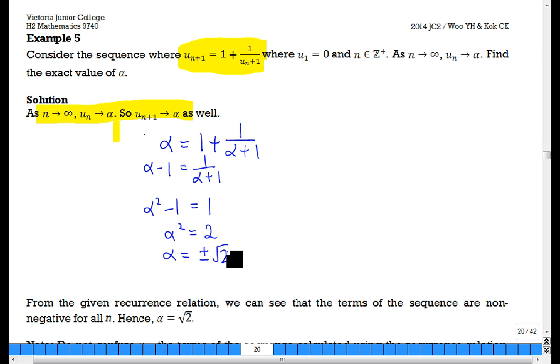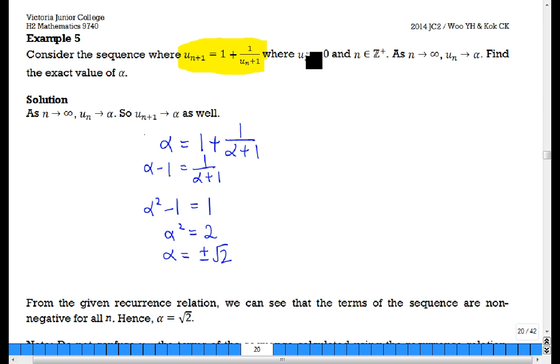There are many ways to do this. First way is if we take a look at this recurrence relation here. There's no negative sign. I repeat, there are no negative signs.